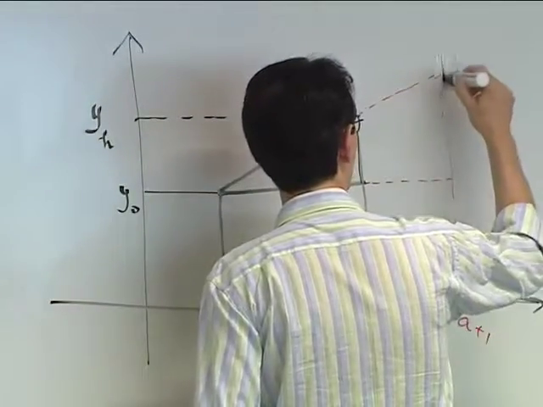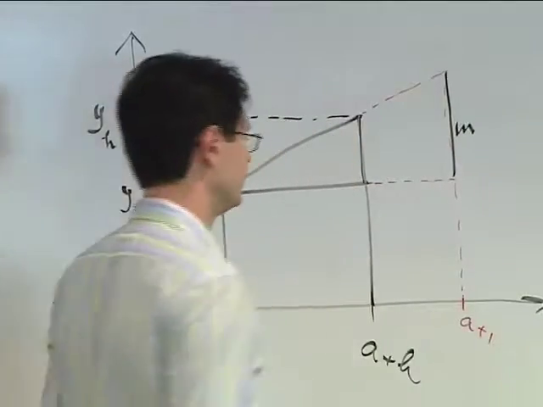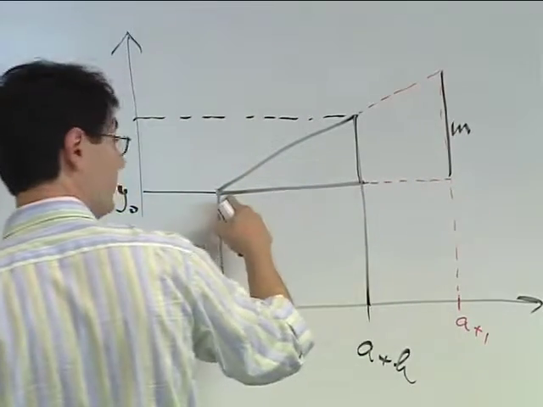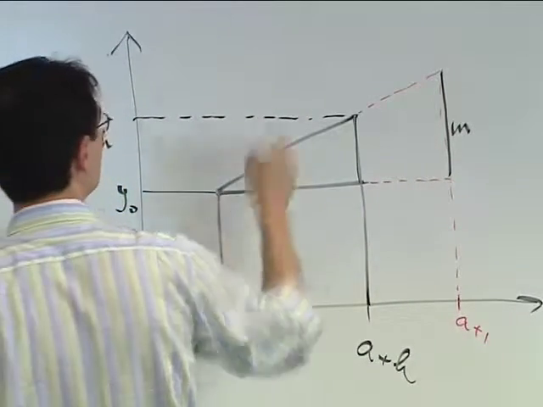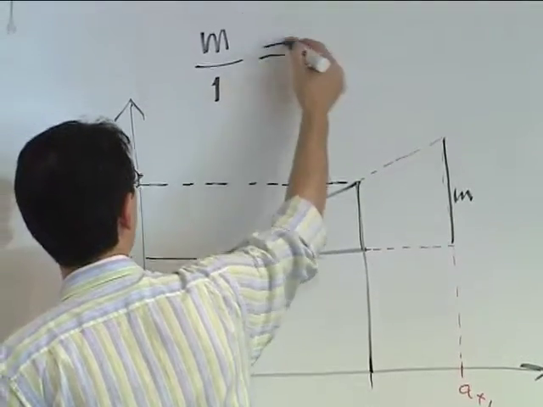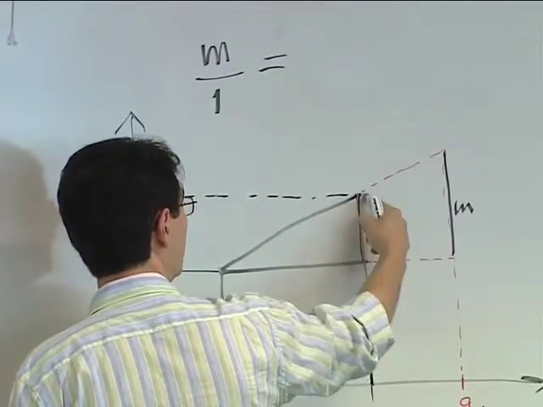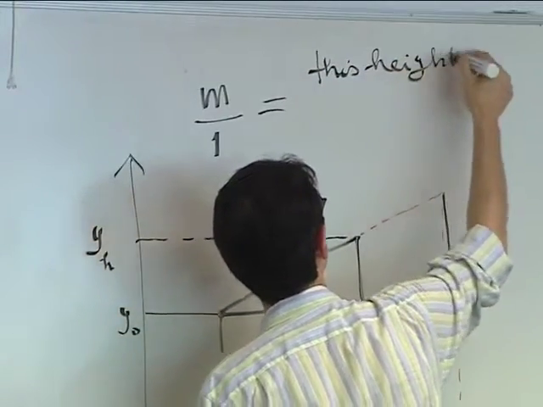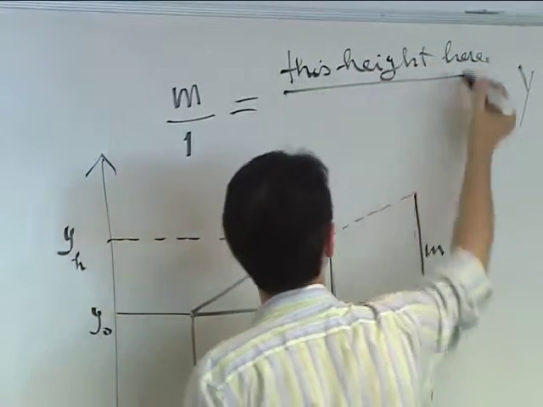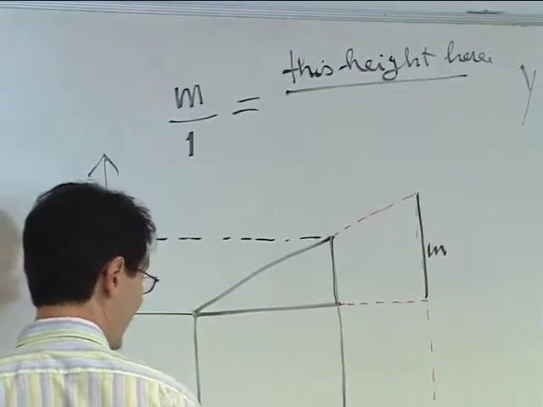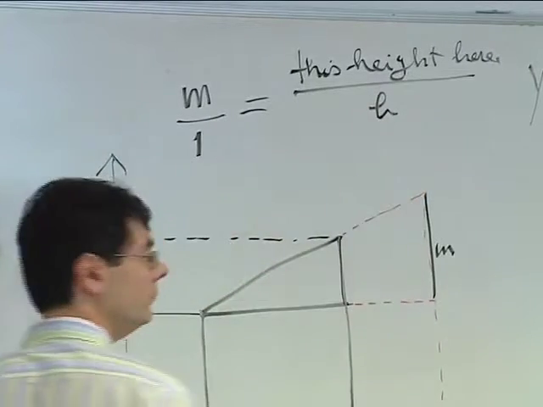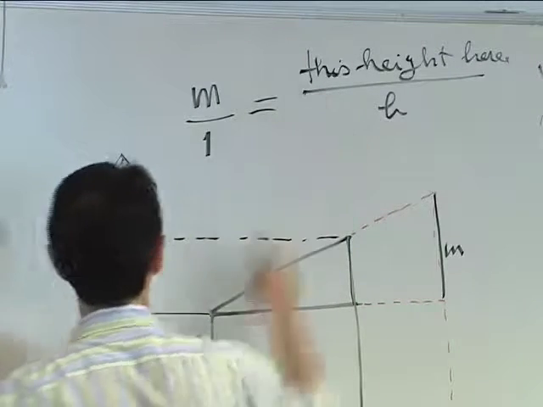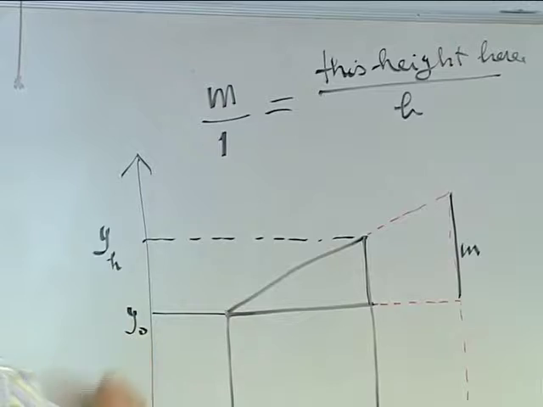This is the slope. m divided by 1 is equal to this height here divided by this distance here, which is h, right? And this height here is y h, take away y0.